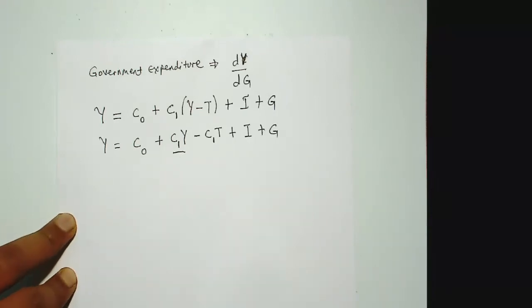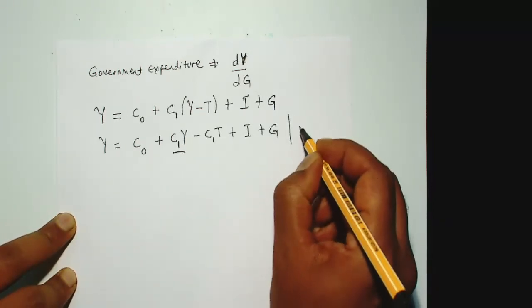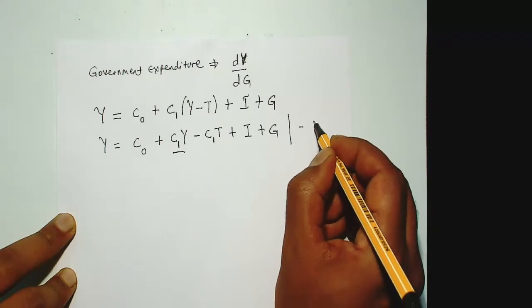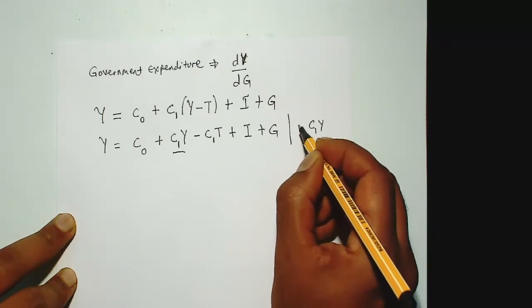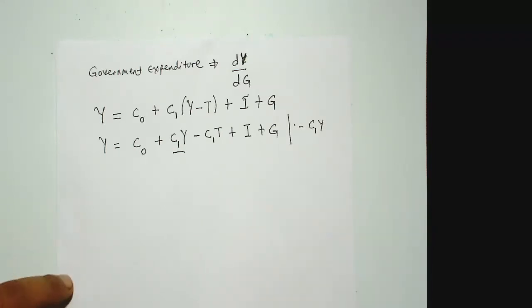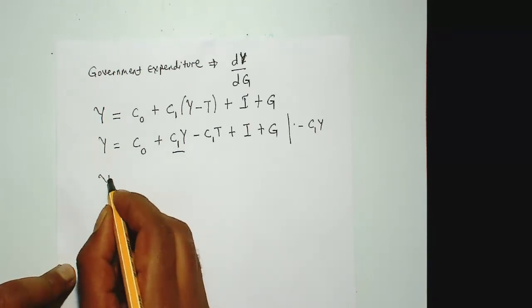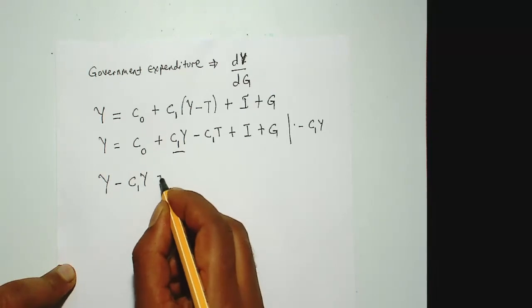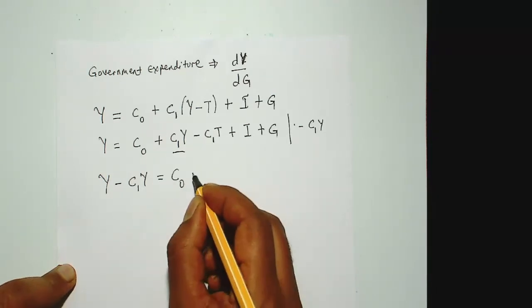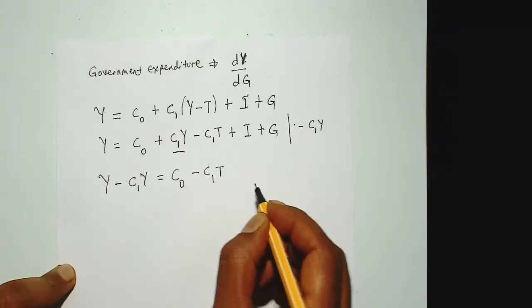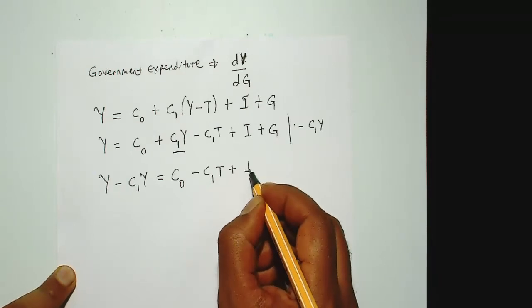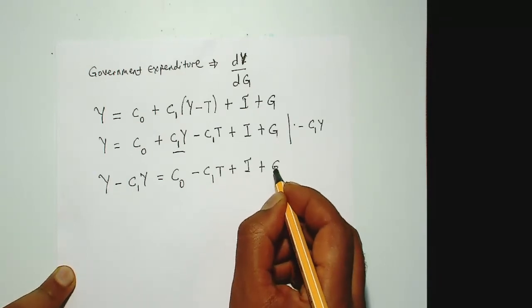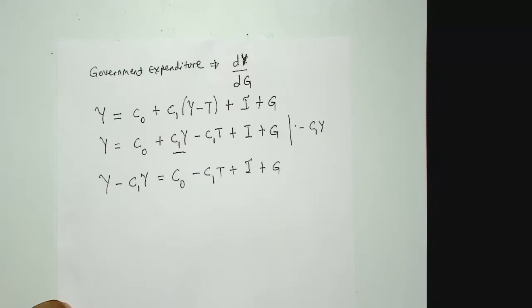Then I take this term to the other side, subtracting C1Y from both sides. This gives Y minus C1Y is equal to C0 minus C1T plus investment plus government expenditure.